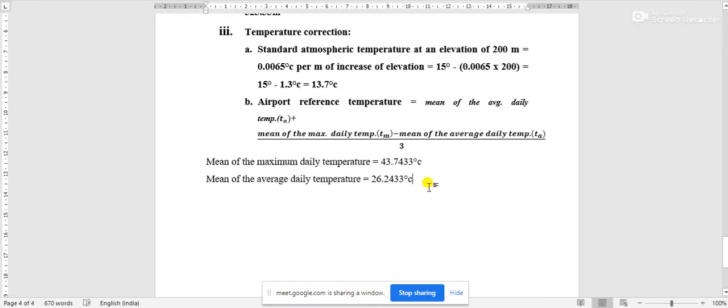Now you may put these values in the equation.